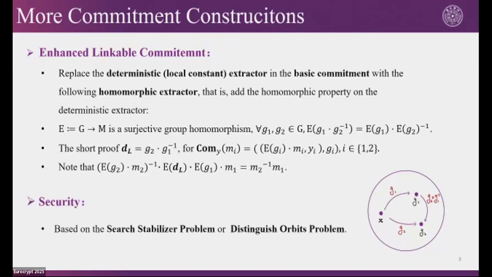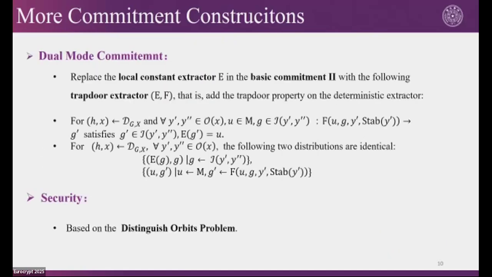Okay, and for security, it can be based on the search stabilizer problem or the distinguish orbit problem. And furthermore, if we replace the local constant extractor in basic commitment 2 with the following trapdoor extractor, we can obtain a new model commitment. And for security, it can be based on the distinguish orbits problem.